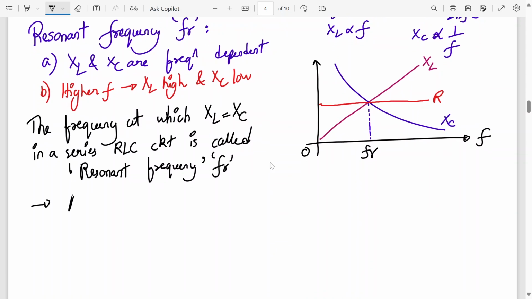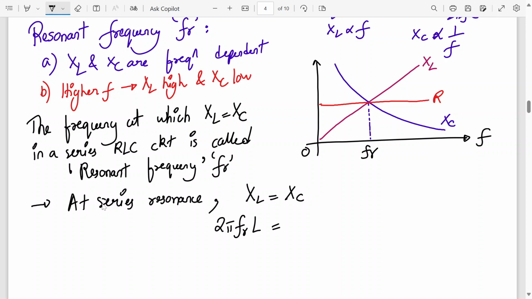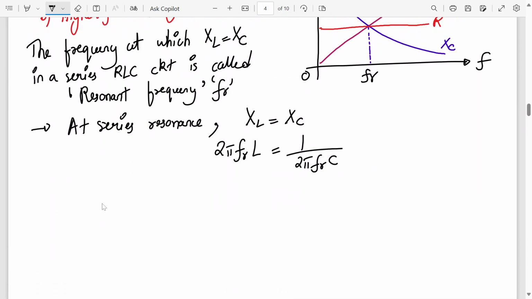So we write, at series resonance, XL is equal to XC. Agree? XL is 2 pi FR L, where FR is the resonant frequency, and XC is 1 upon 2 pi FR C. Can I take it over here?